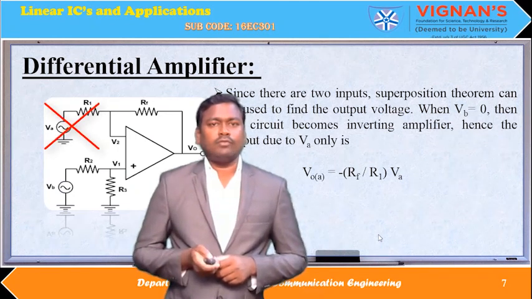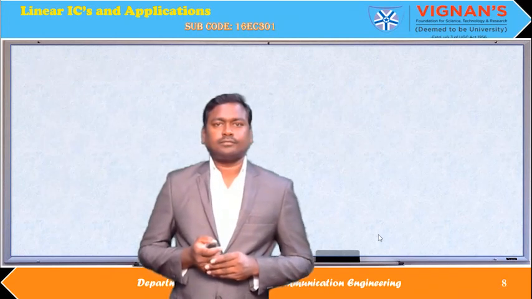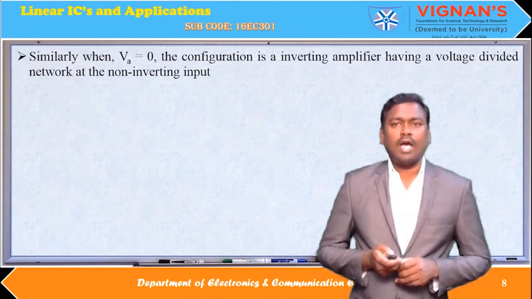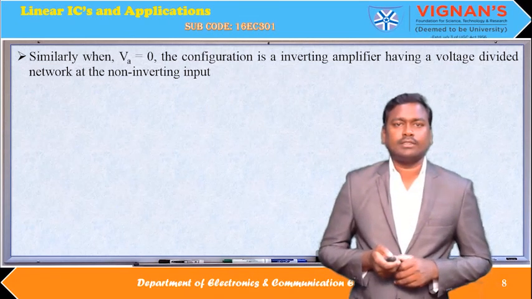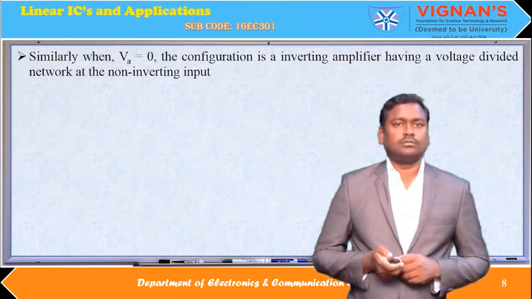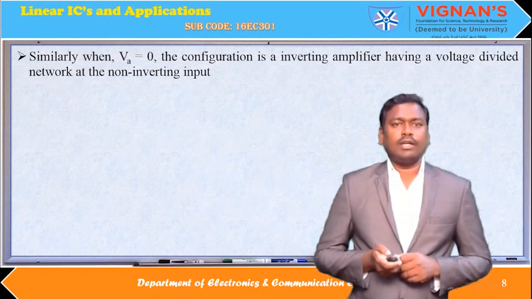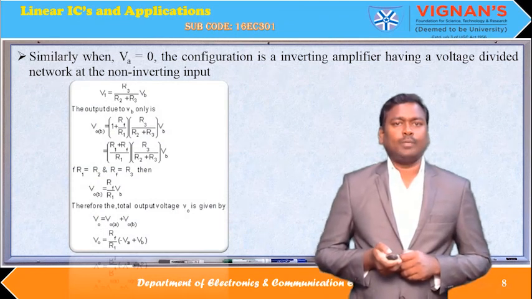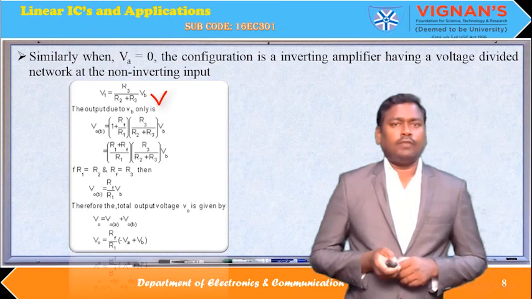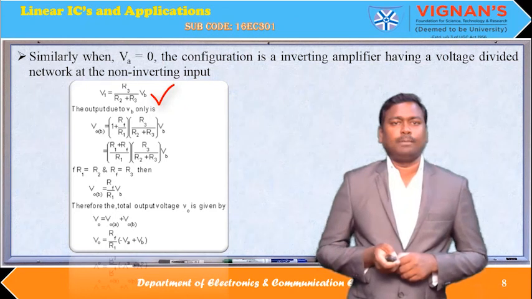Similarly, when VA equals 0, the configuration is a non-inverting amplifier having a voltage divider network at the non-inverting input. So here V1 is equal to R2 by R2 plus R3 into VB.